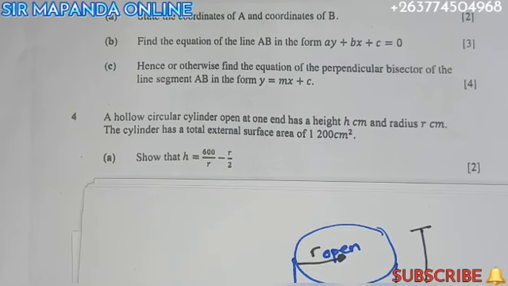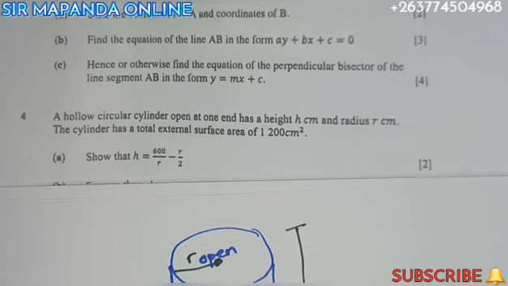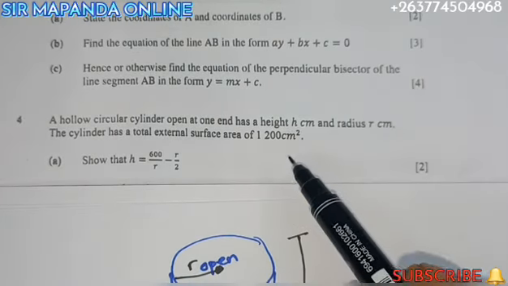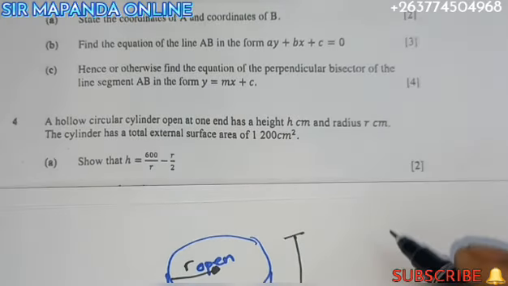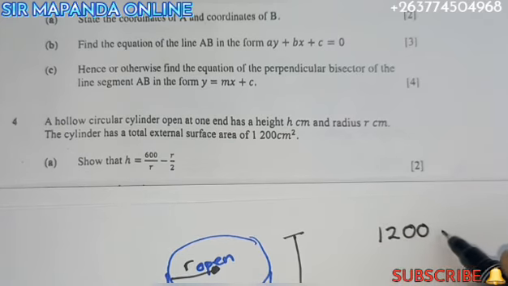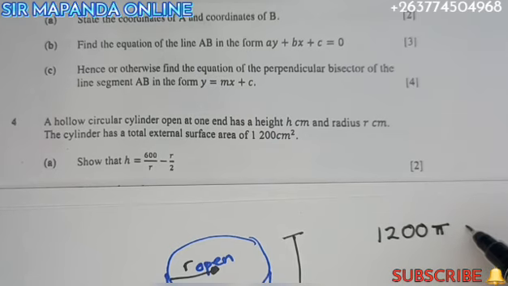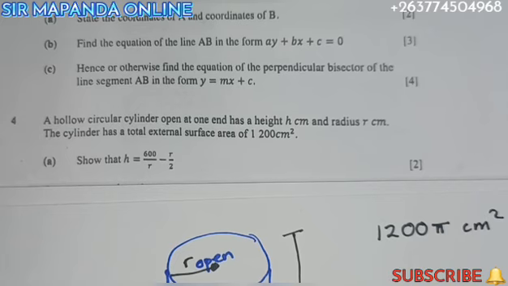When I went through this question, I noticed that there is a missing pi on 1,200. Zimsek left pi out here. It should be 1,200 pi square centimeters, not 1,200 square centimeters.